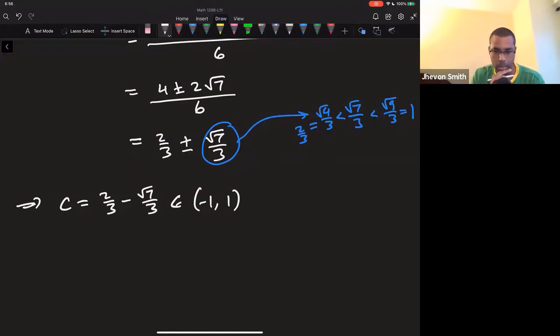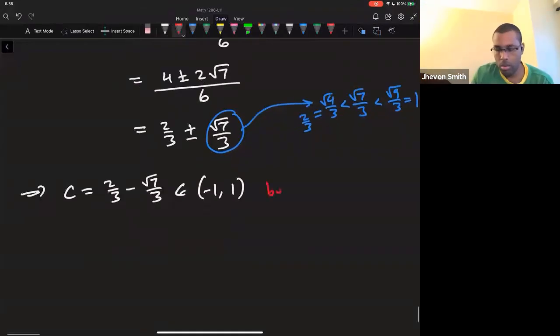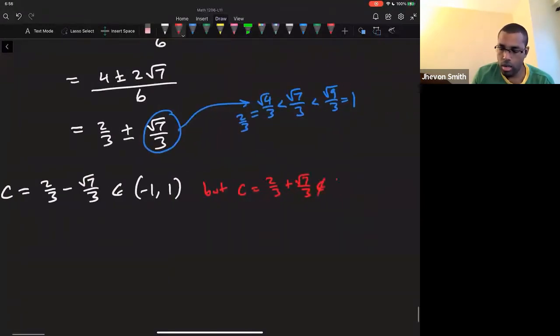Whereas c equals 2/3 plus rad 7 over 3, it's not in here.